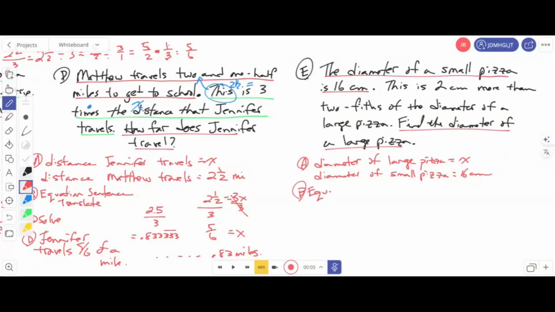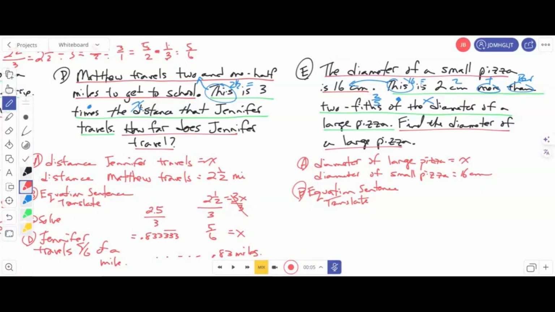Find the equation sentence. This is 2 centimeters more than 2/5 of a large pizza. Translate. This is pointing back to the 16. 16 is, 2 more means addition, than is a reverse word. 2/5 is the fraction, 2/5 of is times x, the large pizza.